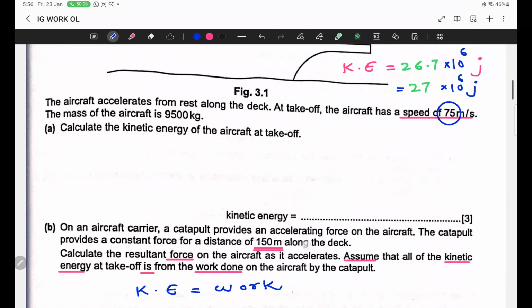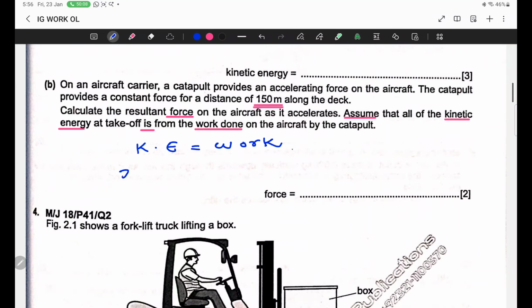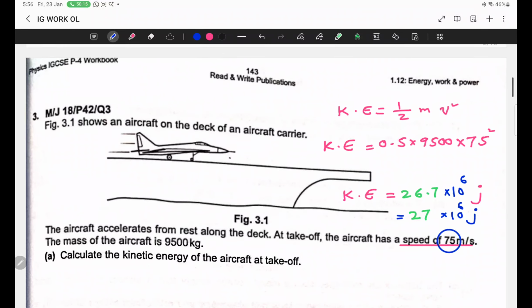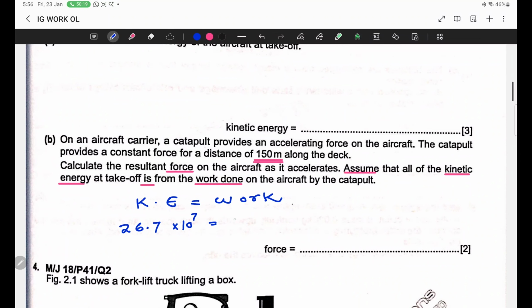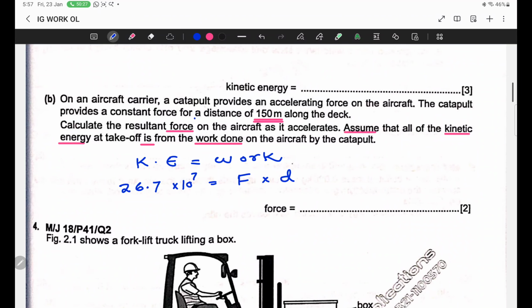So we calculated 26.7 exponent 6 as the kinetic energy. Work equals force into displacement. We have to calculate force, so the displacement should be divided.